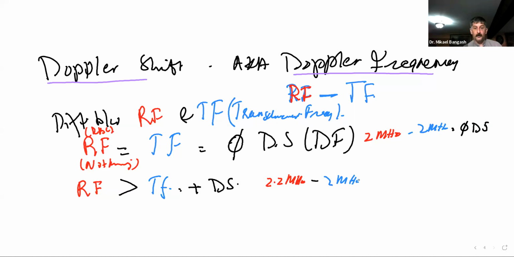So we end up with a Doppler shift of 2.2 megahertz, sorry, 0.2 megahertz. But because the reflected frequency was greater than the transmitted frequency, this becomes a positive Doppler shift.